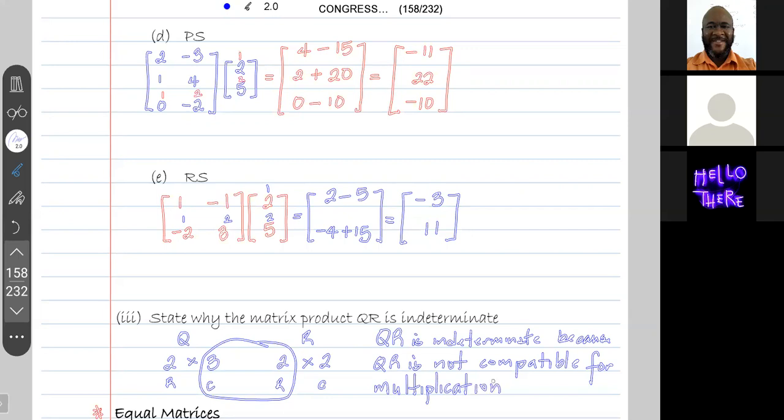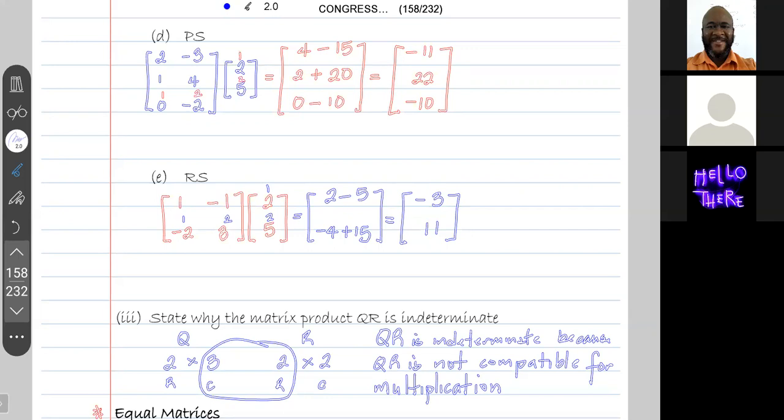In other words, I might be able to multiply R by Q, but I cannot multiply what? Q by R. QR is indeterminate because QR is not compatible for multiplication.